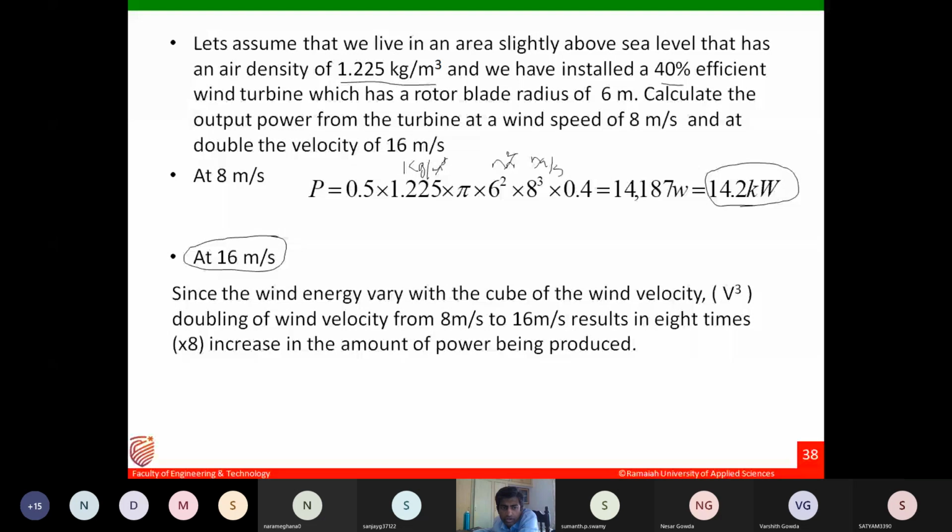So now solve it for 16 meters per second. 0.5 rho A V cube Cp. This is the equation. So find out P. I will end the class after solving this problem. So just tell me what is the power when the velocity is 16 meters per second. It is a direct substitution. From this we will understand something.